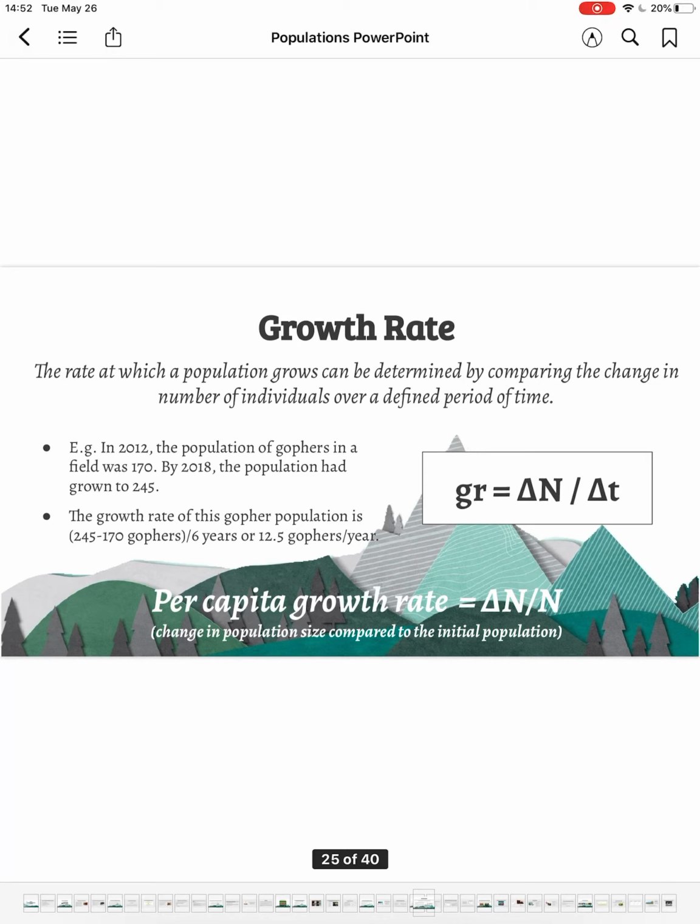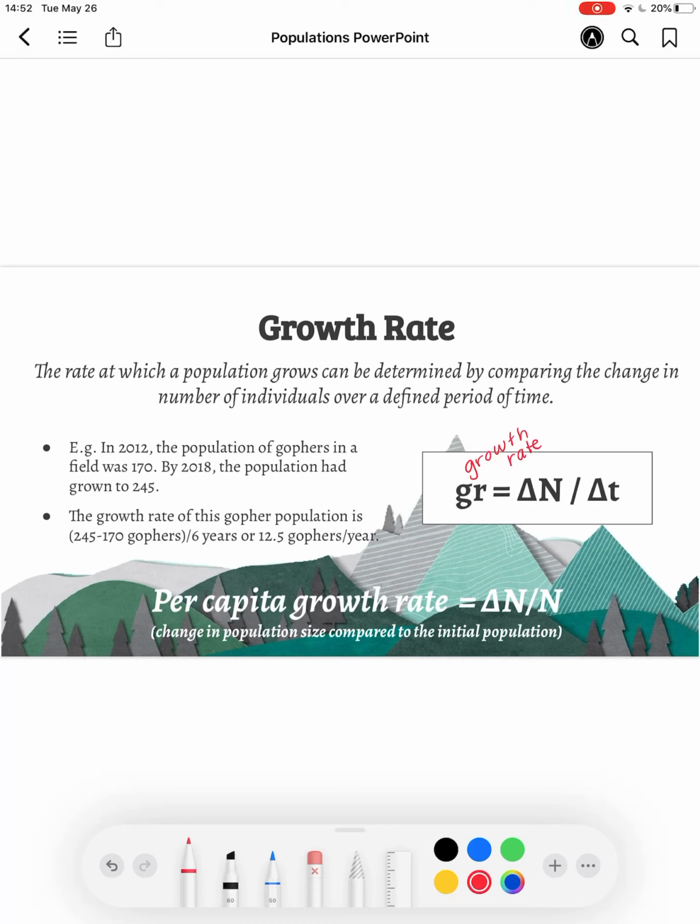That's probably pretty obvious. It's how fast or slow your population is growing, and it's equal to the change in the number of individuals divided by the change in time.